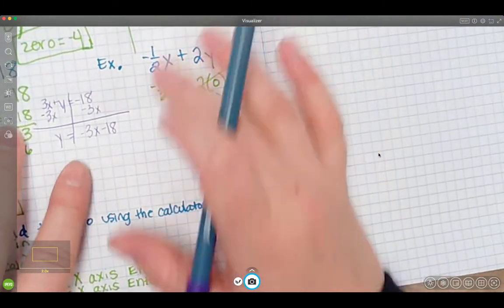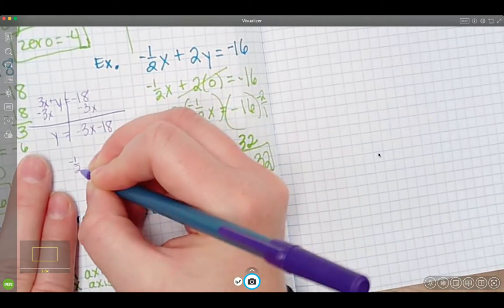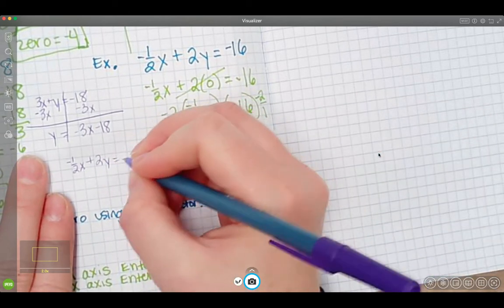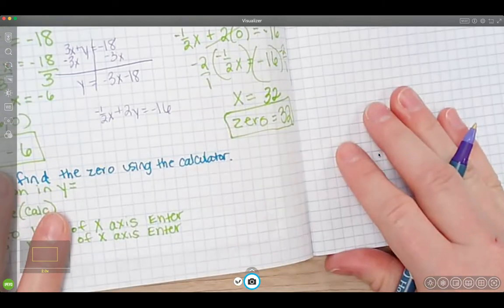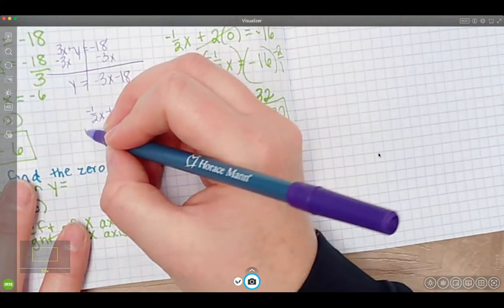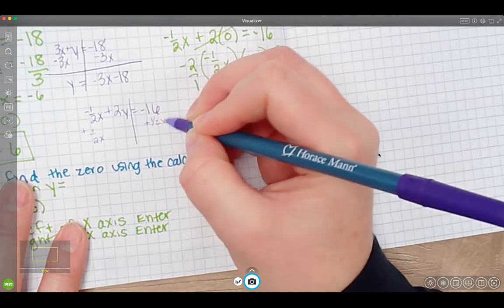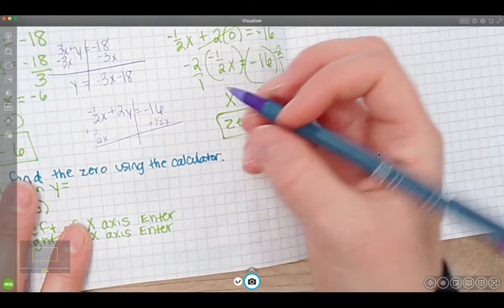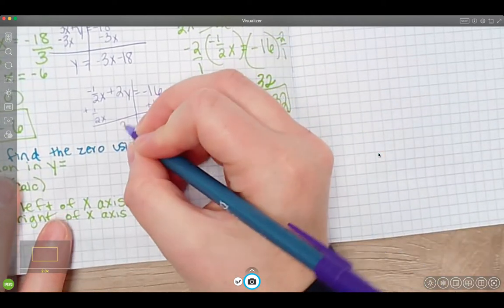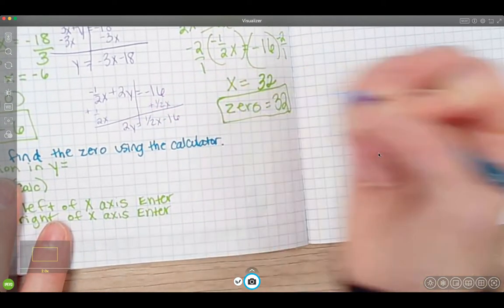Okay, we need to get this to say y equals. So negative half x plus 2y equals negative 16. I need to solve it for y. That means I need to add half x. And that gives me 2y equals half x minus 16.